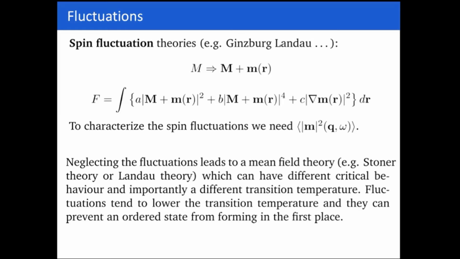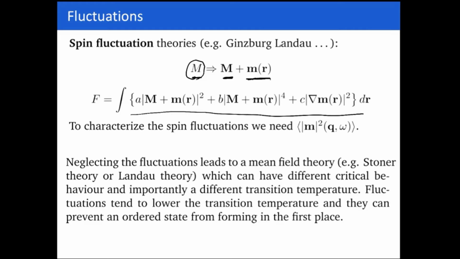In Ginzburg-Landau theory, instead of considering the moment as uniform in the system, one can replace the moment with the average value of the moment, here say m, and a bit that fluctuates from site to site, a spatially dependent moment. Then the Landau free energy, which was previously just a function of this average, can be written as a function of the spatial dependence.